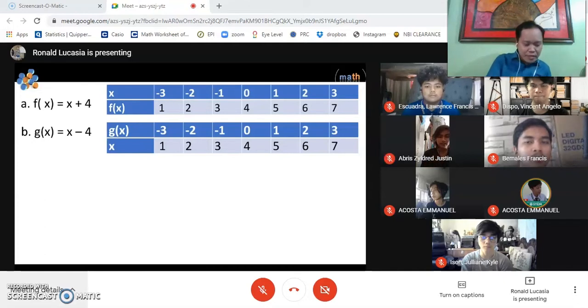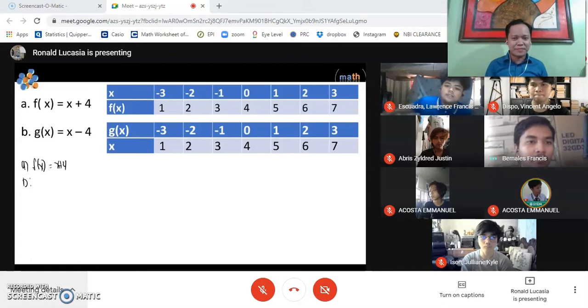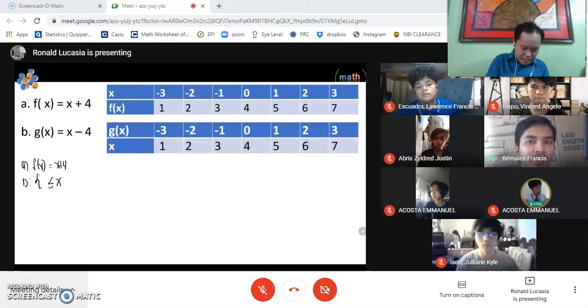Okay. Now, for letter A, we have f of x is equal to x plus 4. Can you give me the domain in letter A, Francis? The domain is x is greater than or equal to negative 3, but less than or equal to 3.